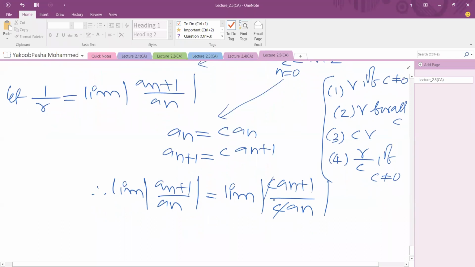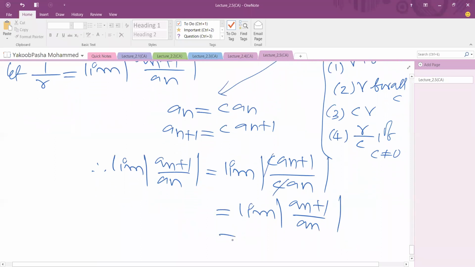Here c will be cancelled, leaving a_(n+1) by a_n. So this is equal to the limit of modulus of a_(n+1)/a_n, which we are already given is 1/r.